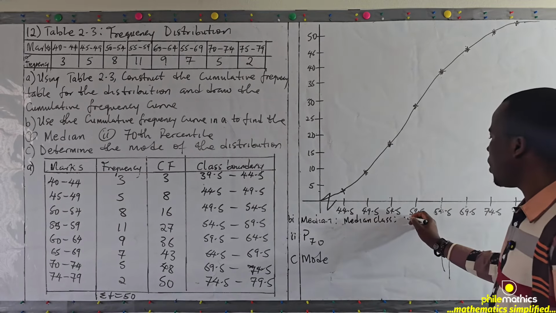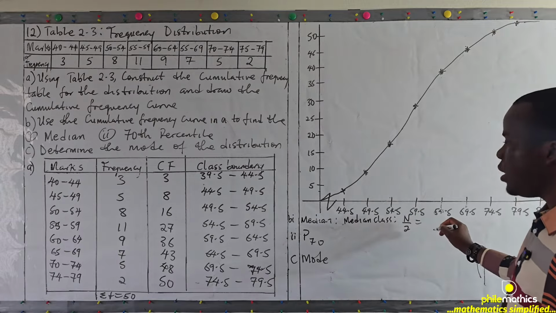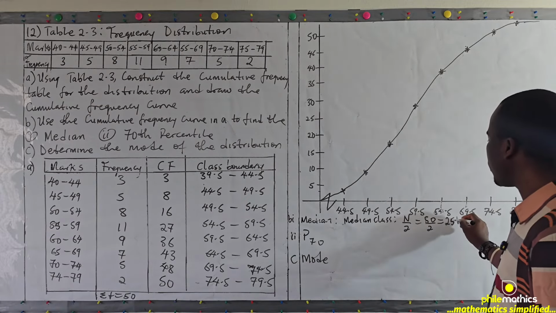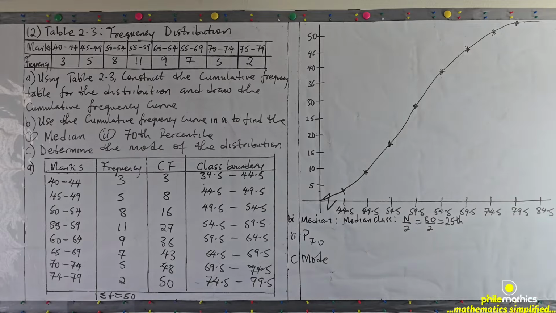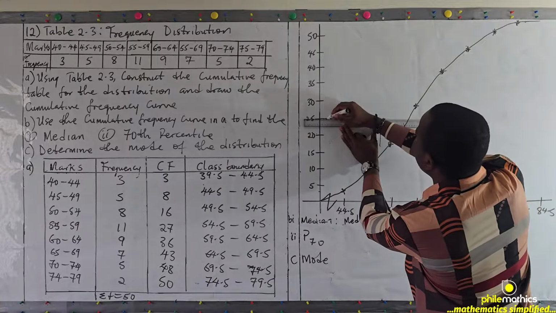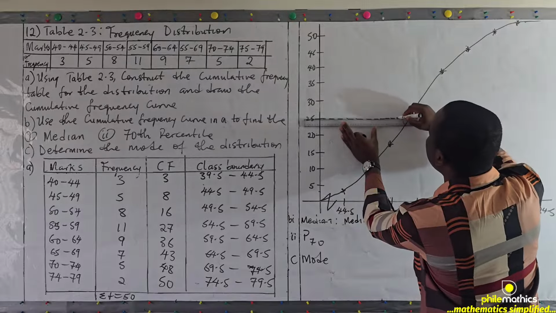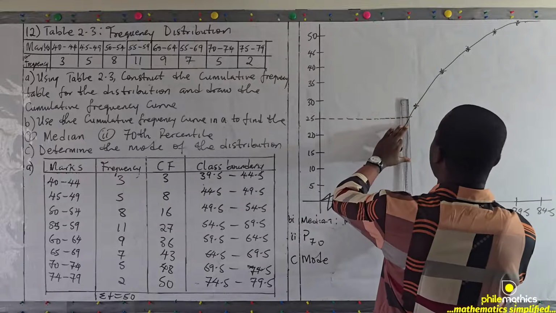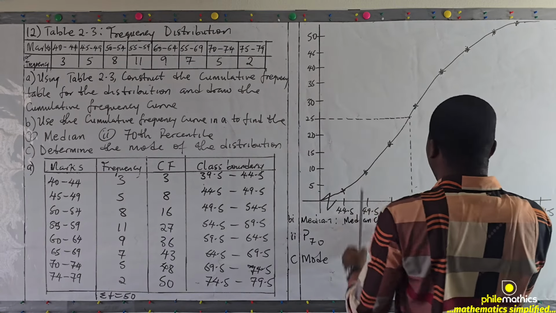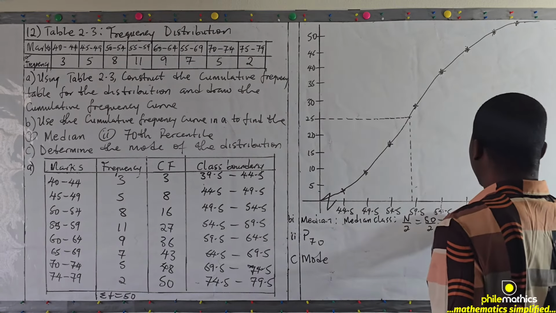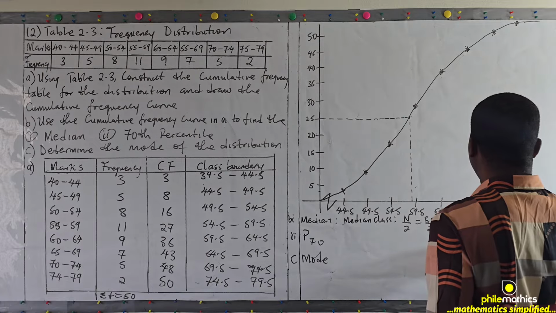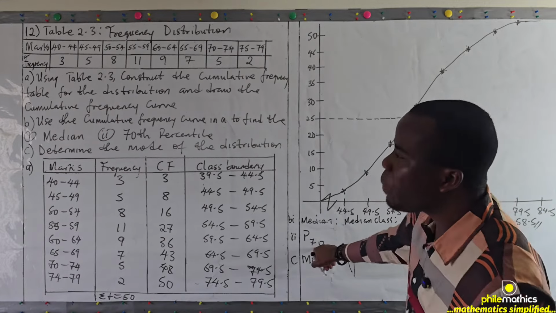It is n over 2, which is 50 over 2, which is the 25th term. So how do we get the 25th? We take this and then find where 25th is, which is about 58.5. So the median is 58.5.